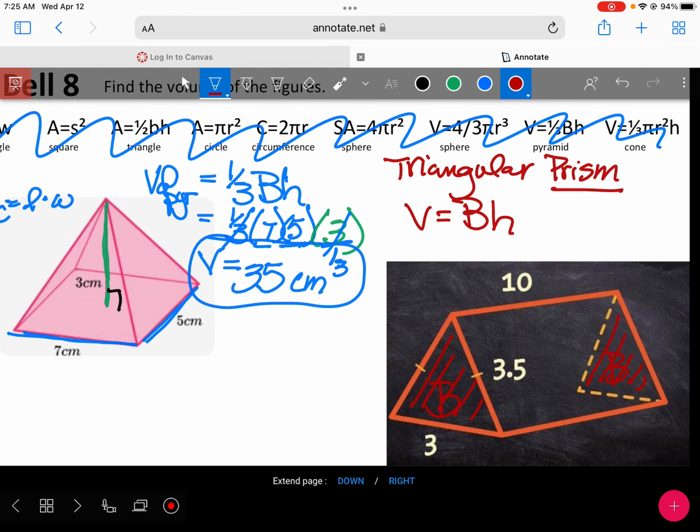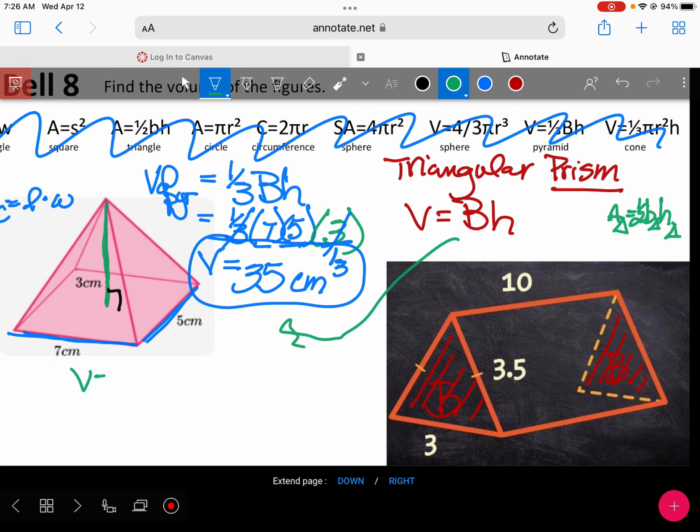All right, so this is kind of weird because it's all blackened out and it's hard to write. So area of a triangle is 1/2 times the base of the triangle times the height of the triangle. Okay, I'm going to put this over here now.